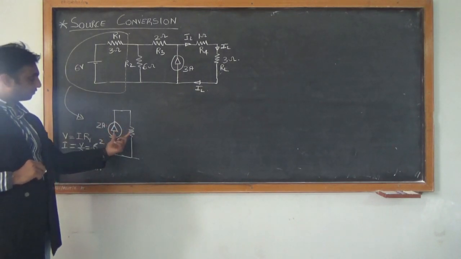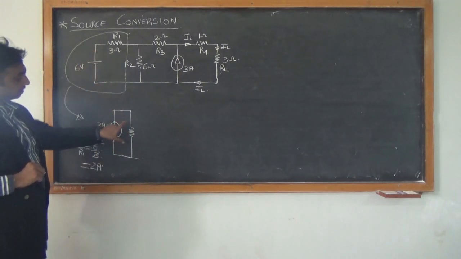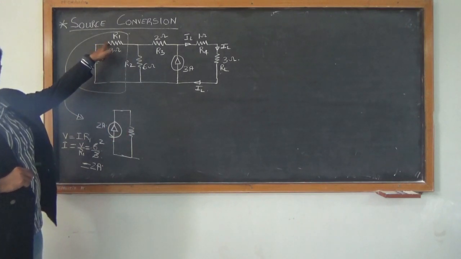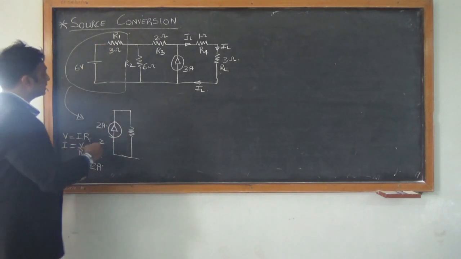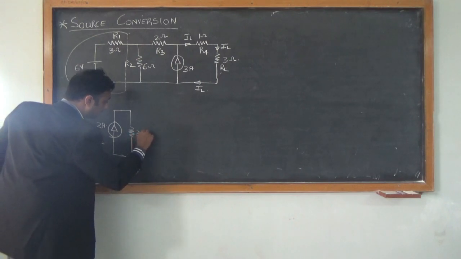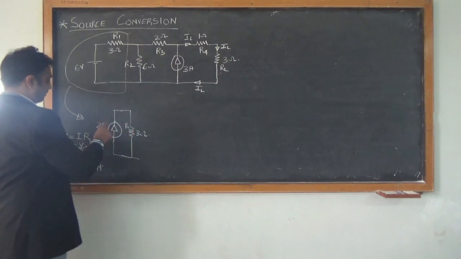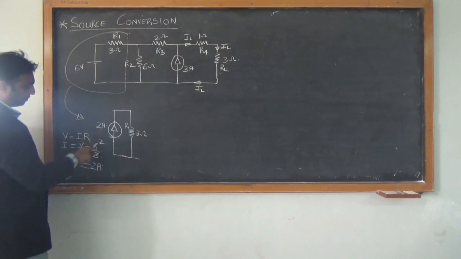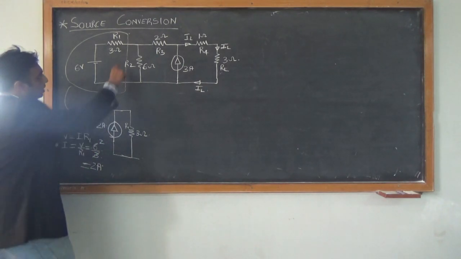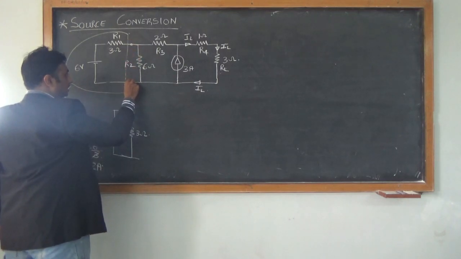And if I want to convert from current source to voltage source, the parallel becomes series. This is what we have already done last class. So I have 3 ohms here, this is my R1, and the value is 2 amps, which I found from Ohm's law. The rest of the circuit remains the same.